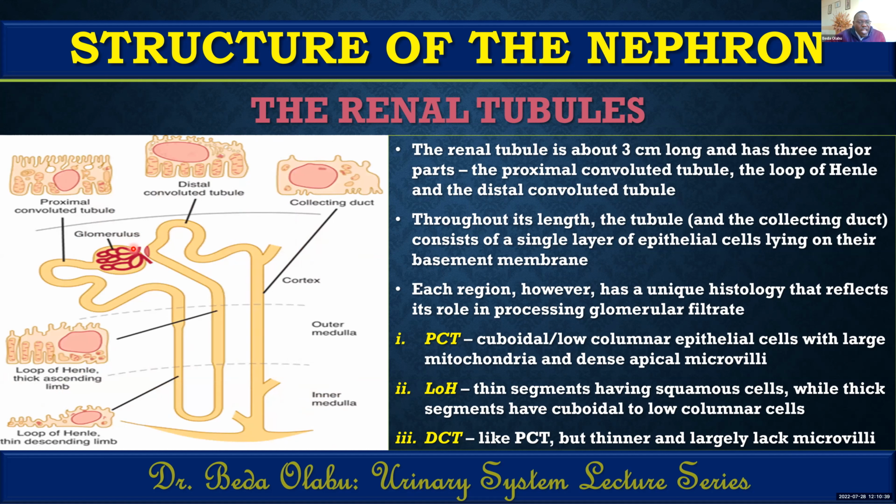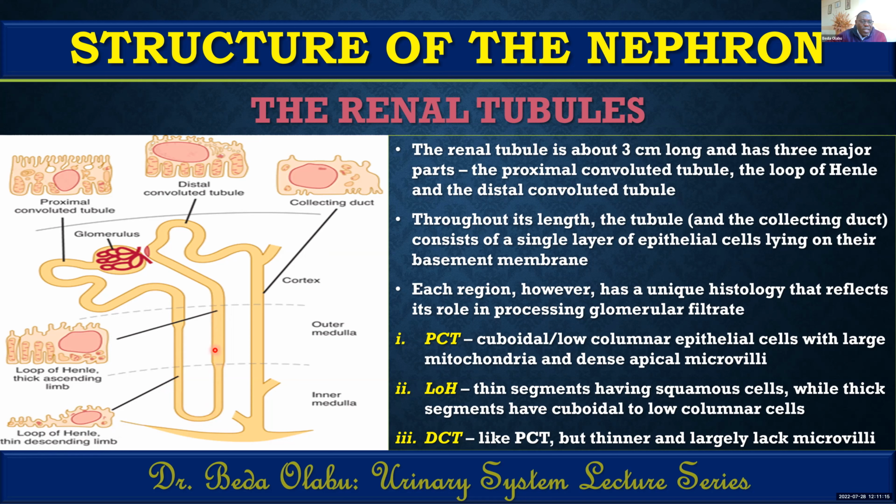So this image helps us to understand all of them in one image. If this is the PCT, we can see the cells there have several microvilli, a lot of mitochondria, and basal membrane invagination. That is the PCT. And that will also extend up to this segment here, the segment of the loop that is going down but is still thick. Then we have the thin segment. This thin segment of the loop has squamous epithelium.